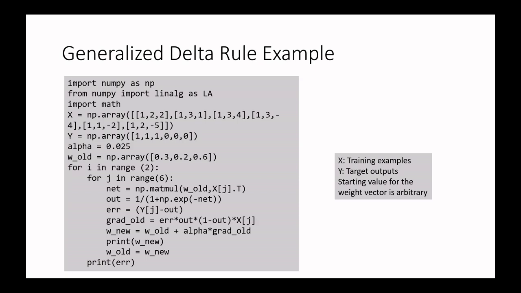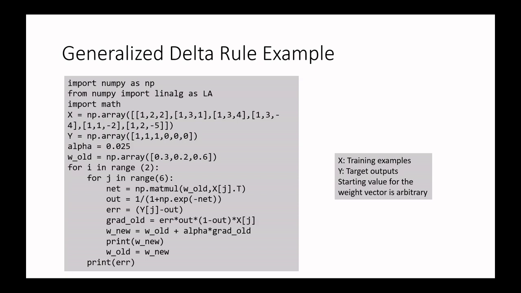The first 3 are coming from one class and the other 3 are coming from another class. So y is the array of desired output values. For the first 3 examples, we want the output to be 1. For the other 3 examples, we want the output to be 0. So there are 2 classes, 0 and 1.